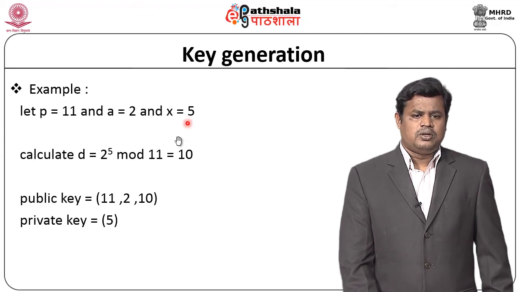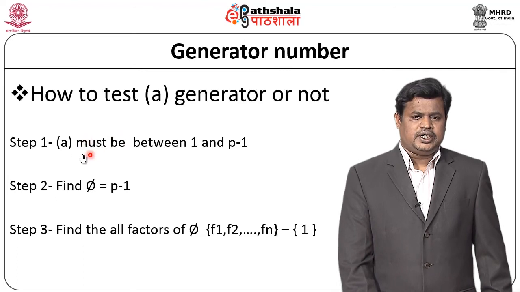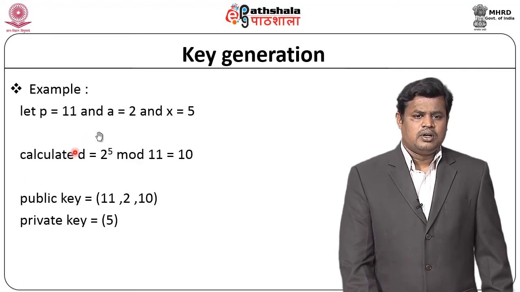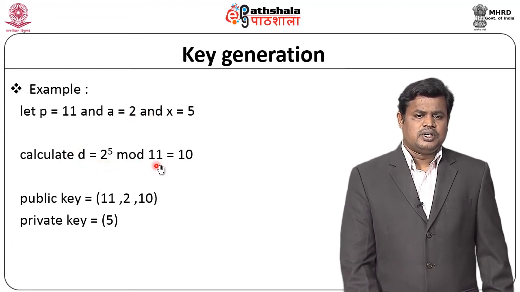According to this, we need to use a generator for choosing the particular value. So here d is equal to 2 power 5 mod 11, which is equal to 10.